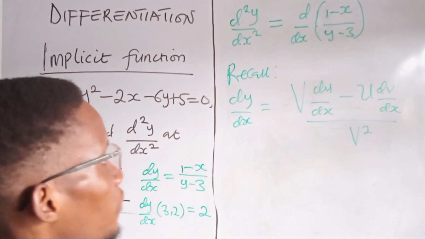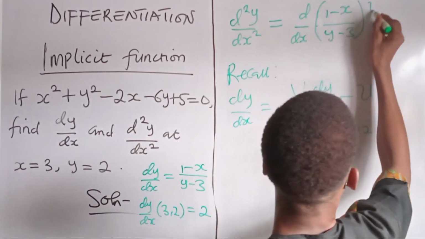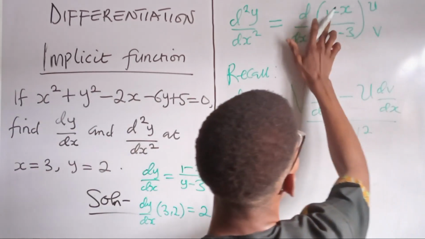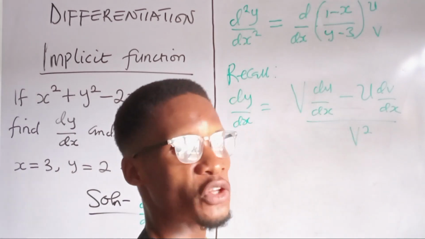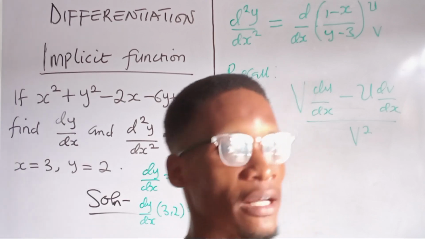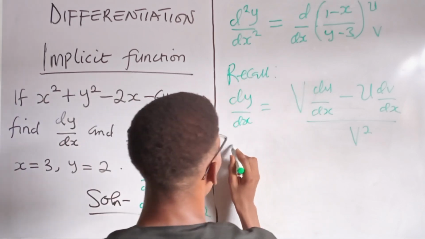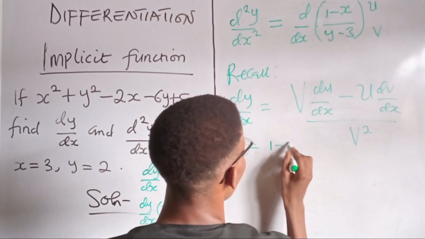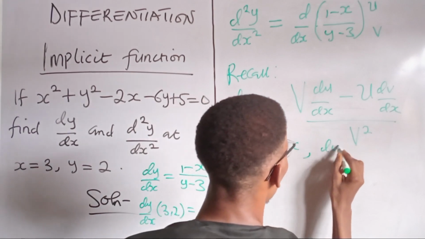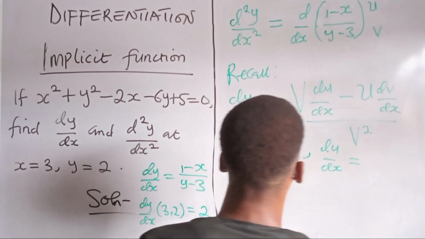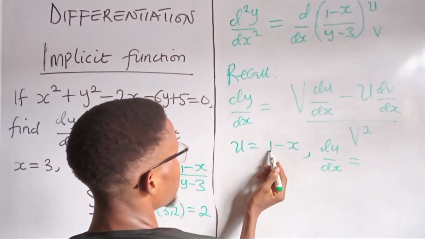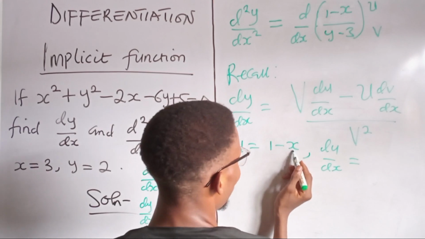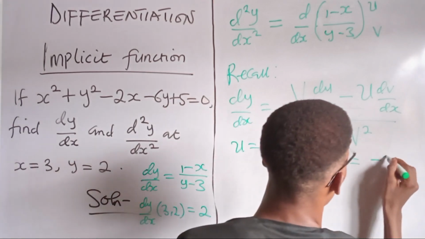In this case, the numerator is u and the denominator is v. So u is equal to 1 minus x. Therefore, du over dx: if you differentiate 1, it's 0, and if you differentiate minus x, it gives us minus 1.